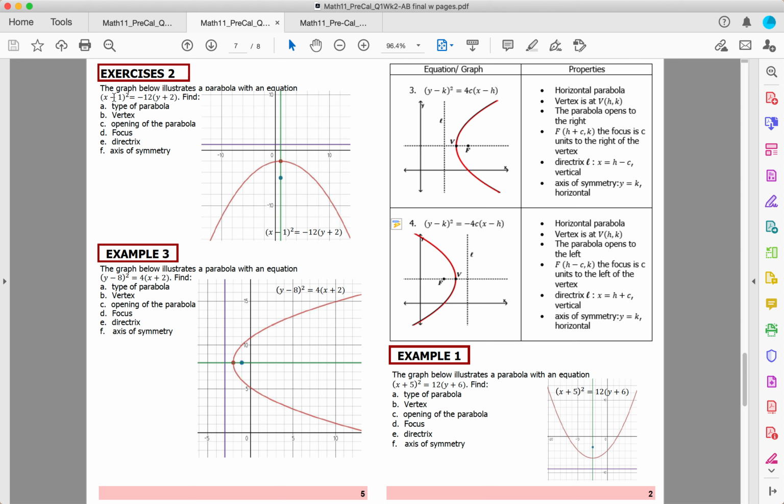The equation is (x minus 1) squared equals -12 times the quantity (y plus 2). So obviously this will tell you -12 is the value of 4c. So since it's negative, it's opening downward. All right? So the type of parabola, if it's downward, is vertical.